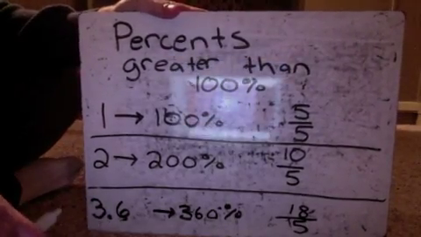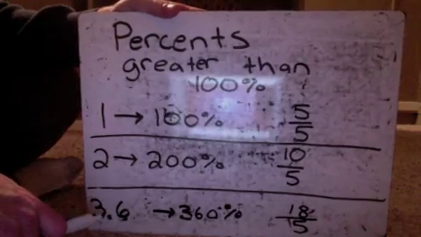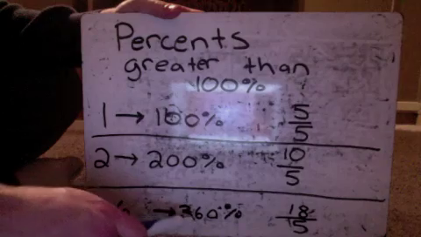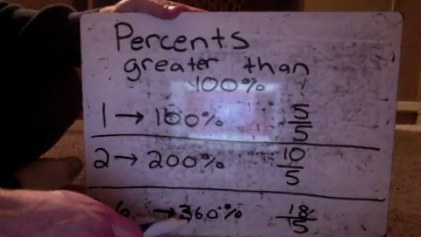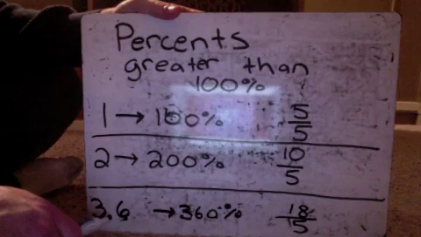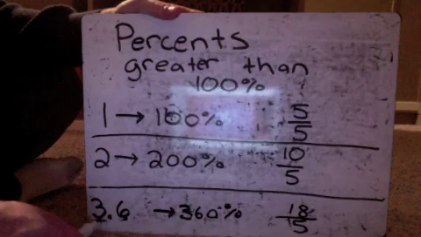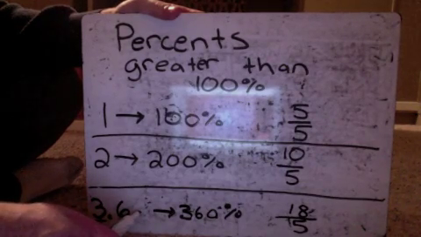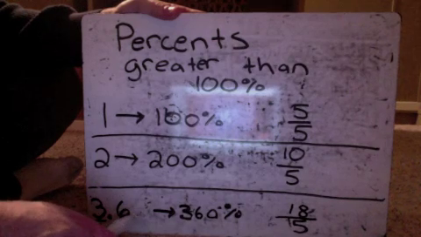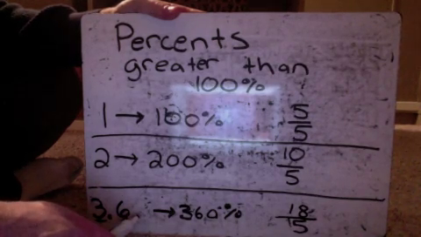Another example is if I had 3.6. We're going to talk about these conversions coming up here, but 3.6 is the same thing as 360%. And you'll notice that if we have a decimal in there, that front number is actually the hundreds place, and the next two are just like when we did the percents before, where we took the first two numbers after the decimal point.